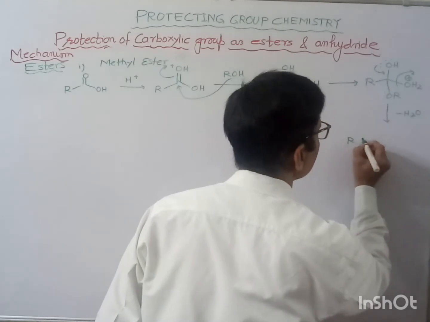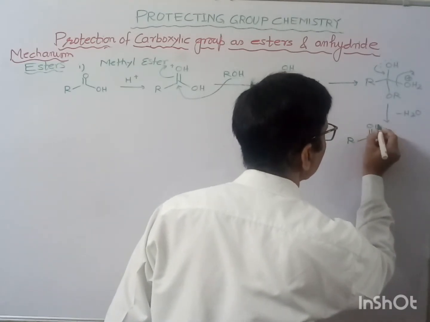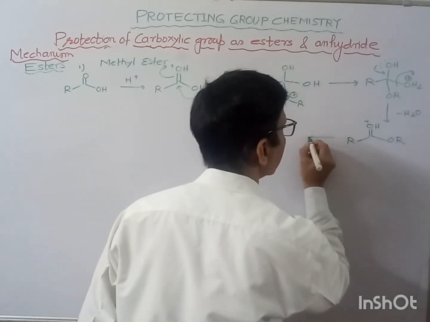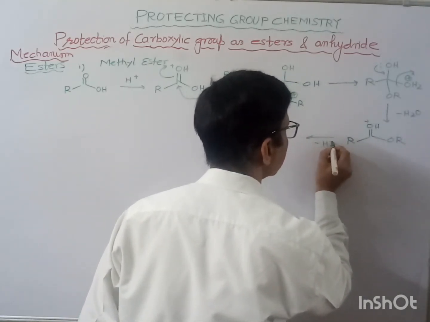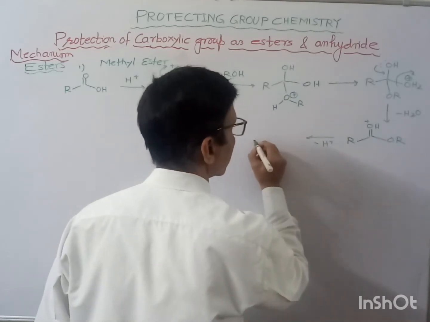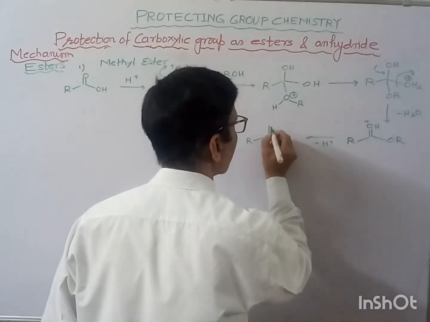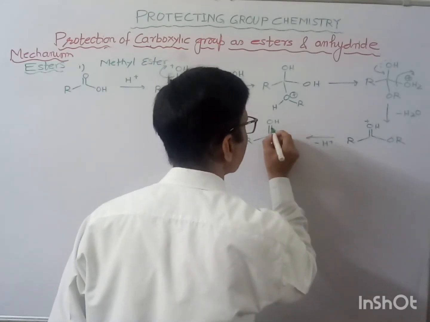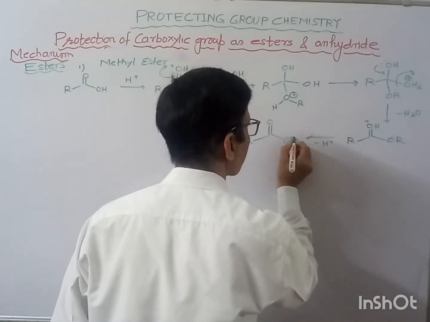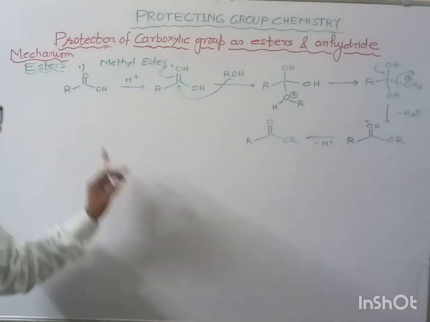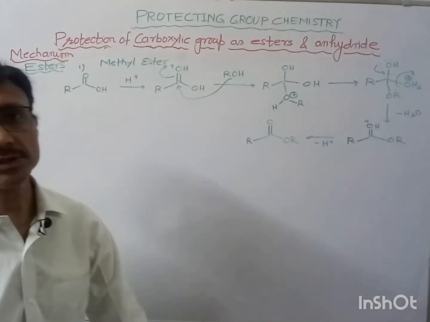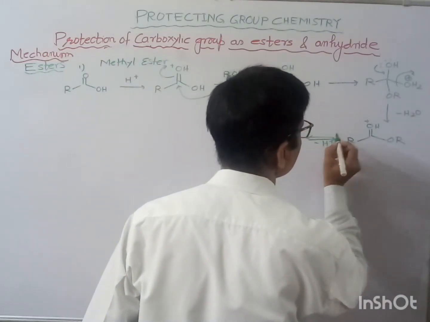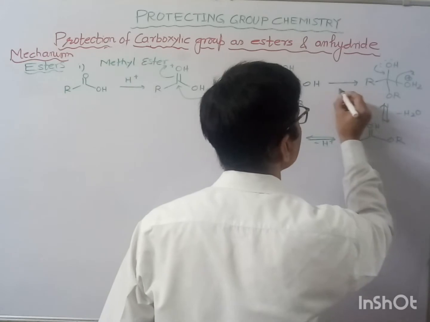What we will get is RCOH plus, and this is OR, and finally the removal of this acid catalyst, and we will get the ROH and this O, like this. So this acid is converted into this ester. This reaction is a reversible one.